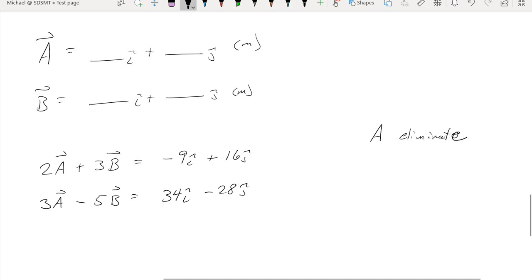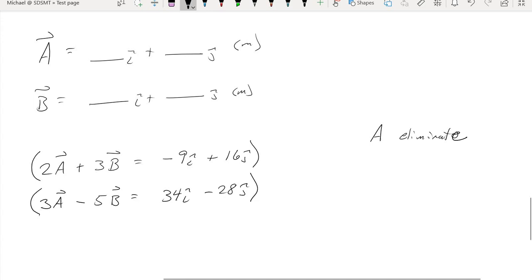And the easiest way to do that is to just take the current coefficients and multiply each line by the coefficient of the other equation. Now that might not make a whole lot of sense when I say it out loud, but it will make sense when I write it down.